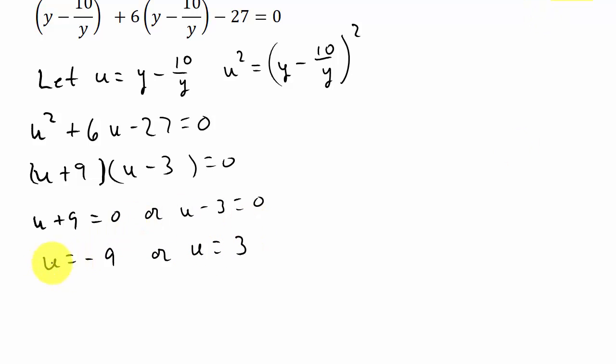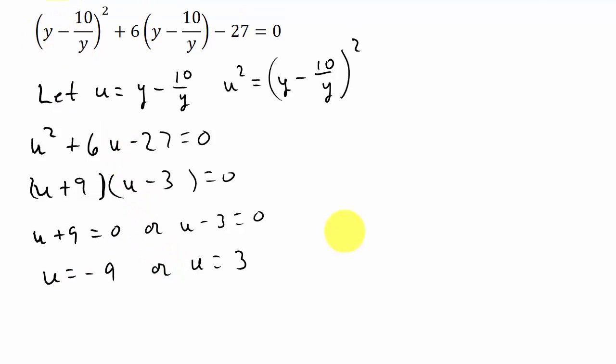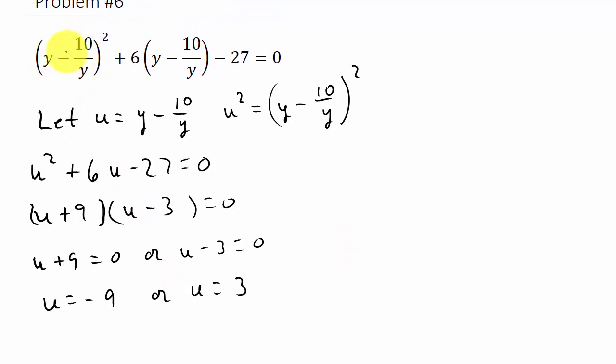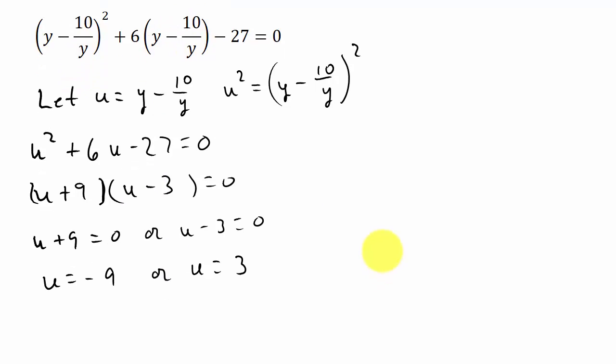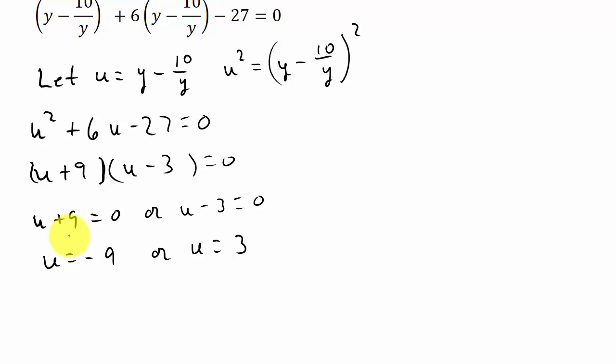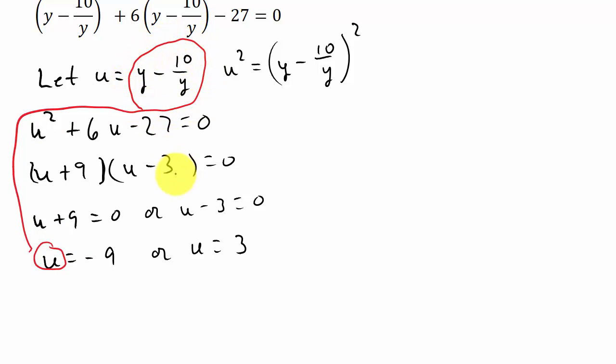Alright, so we've solved for u, but we need to solve for y, because that's what our problem's in terms of. So the u I'm going to replace with y minus 10 over y, and this u I'm going to replace with y minus 10 over y.